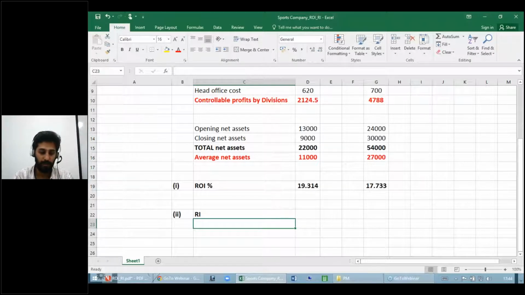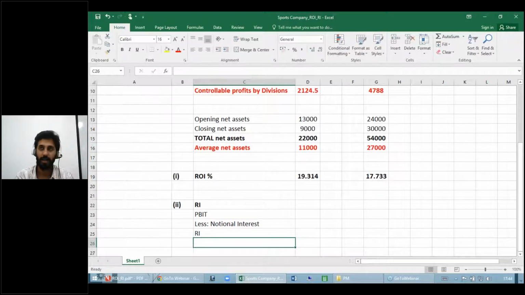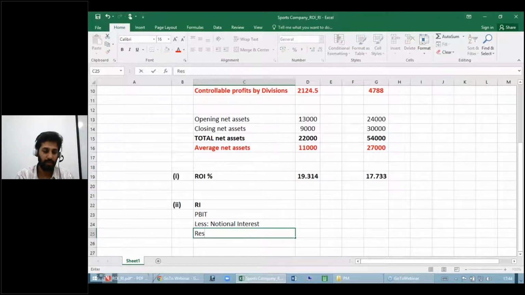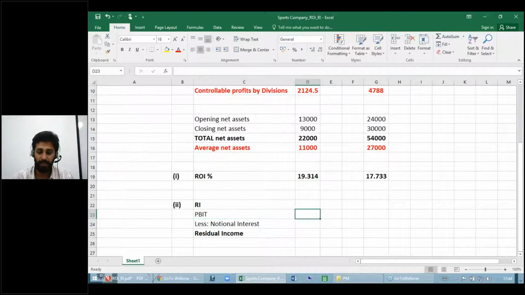How do we calculate the residual income? We need to have RI, residual income, that is PBIT less notional interest and then RI. All right, that is we are having the residual income. Now that will be my final answer. For RI, that is PBIT is.